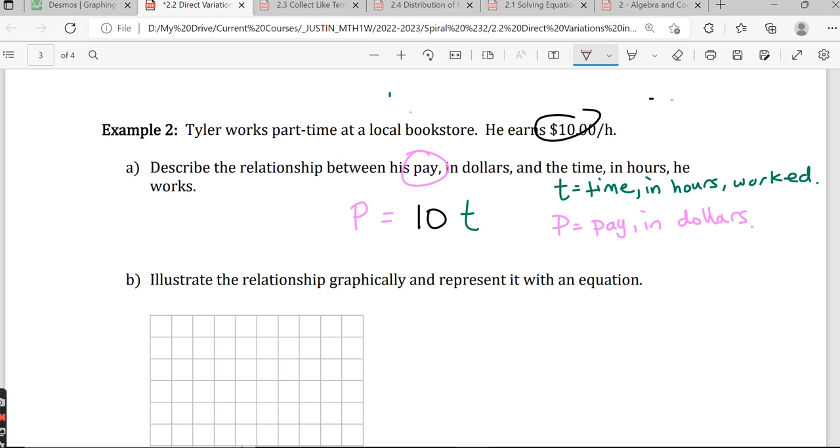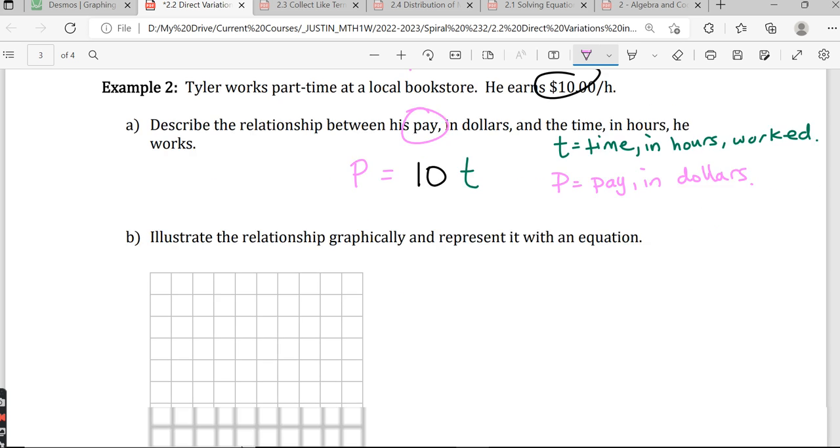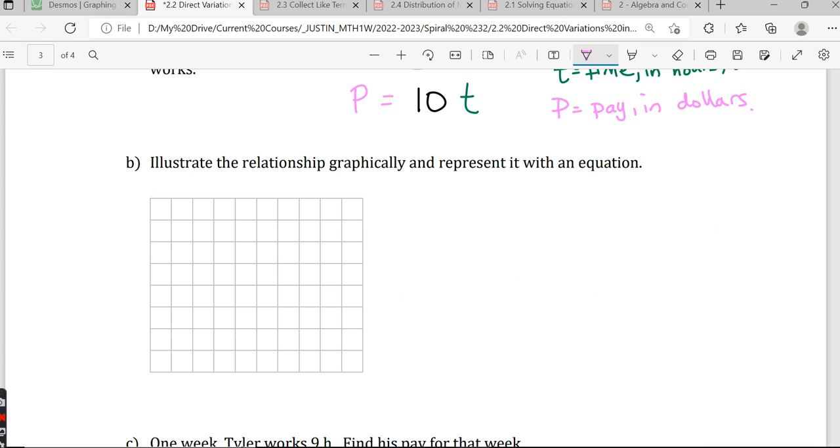On average, Tyler gets, say, $5 of commission per week, okay? So if that's the case, then it'll be $10 per hour plus the commission. So the number of hours worked doesn't directly give us our pay because we still need to add the $5 commission as well.